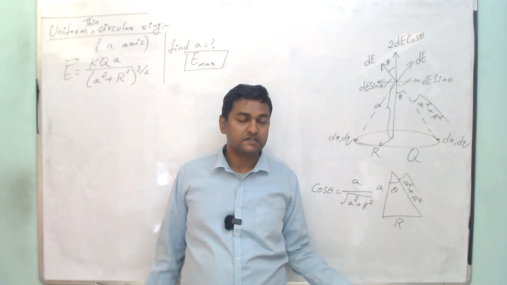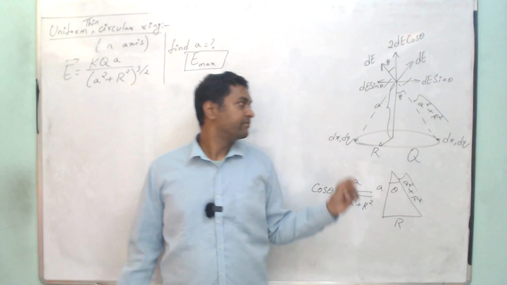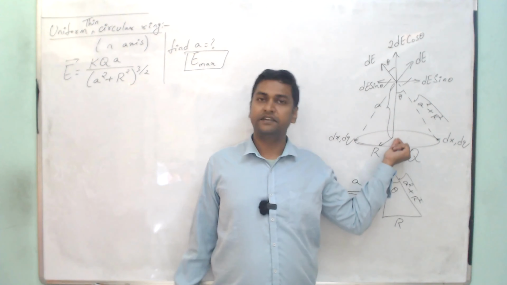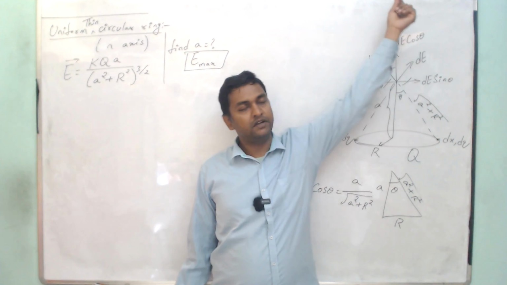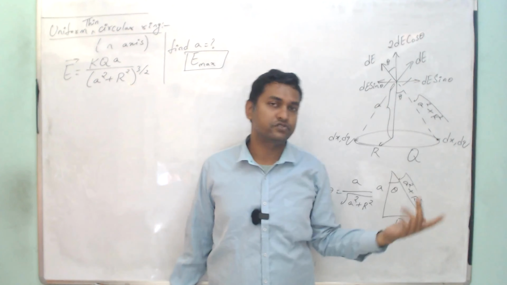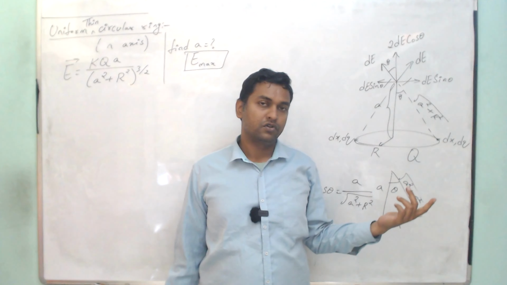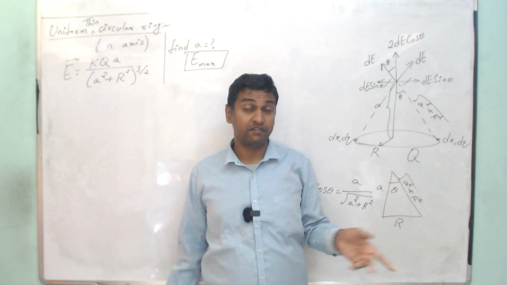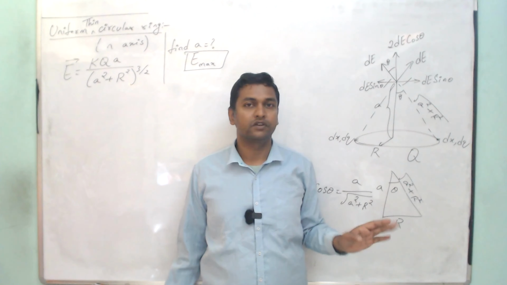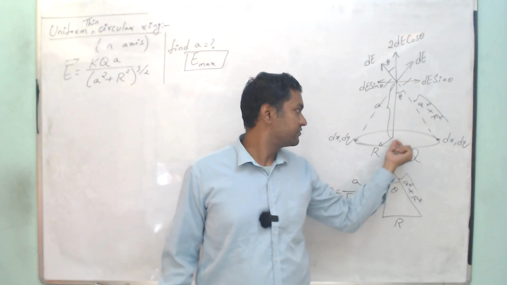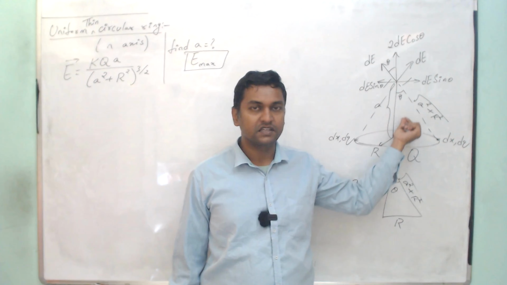So the electric field at the center is also 0, and the electric field at infinity is also 0. So somewhere in between it should have a maximum. Are you getting my point? The electric field is 0; from here it is increasing.